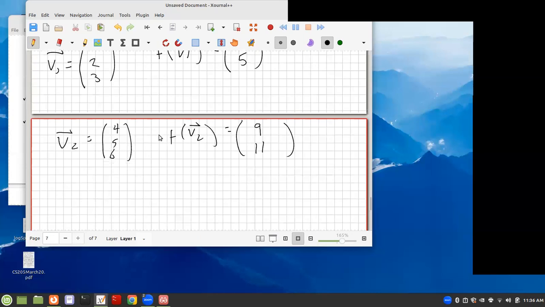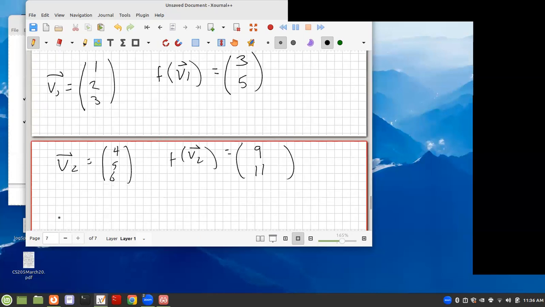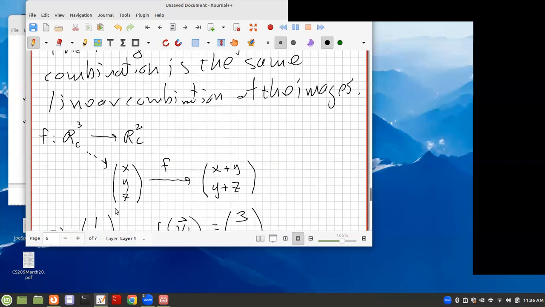Now, the claim is, what's the image? Let's say I take a linear combination. Let's say I take 3 times V1 plus 2 times V2, and I ask, what's the image of this? Well, all I have is this rule here.